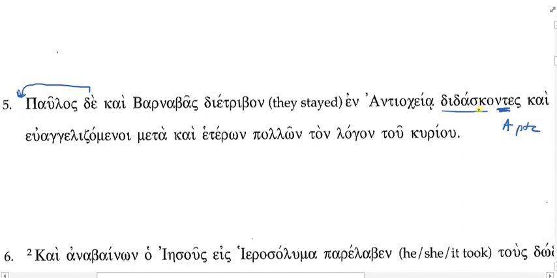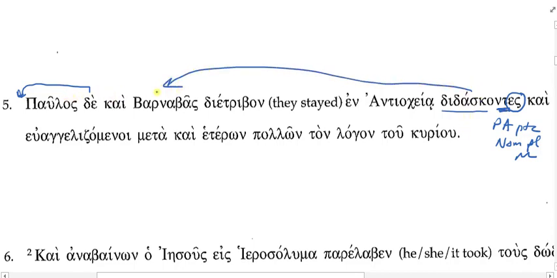Didasko? Yep. So this is using the present stem. So it's a present active participle, and the ntes tells me it's which case, gender, number? Nominative, plural, and masculine. So who is doing the didaskantes? These two nominative subjects, right? Good. So they stayed, they were teaching.